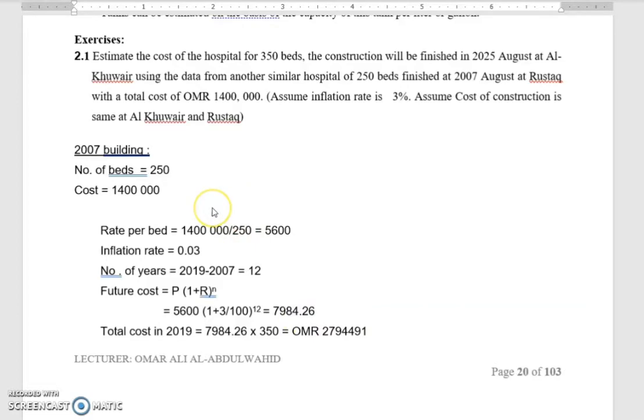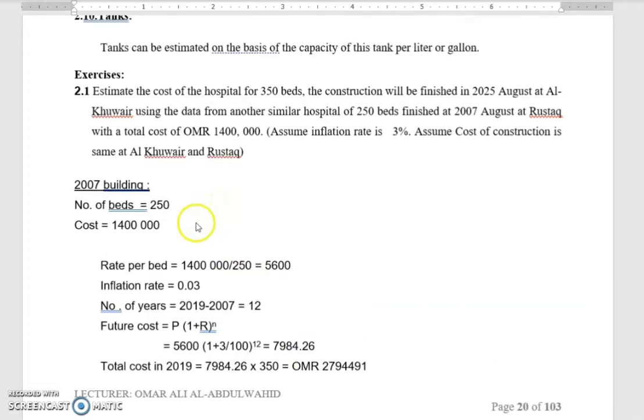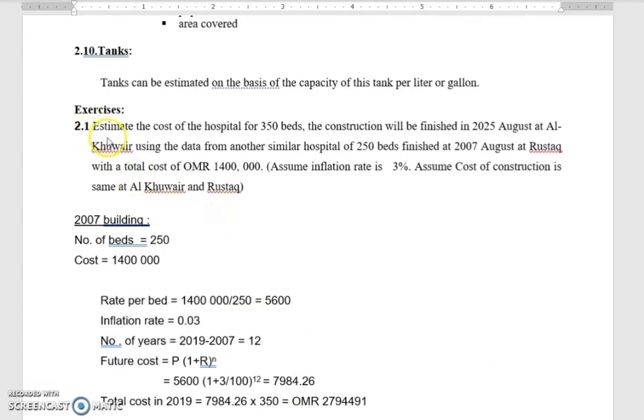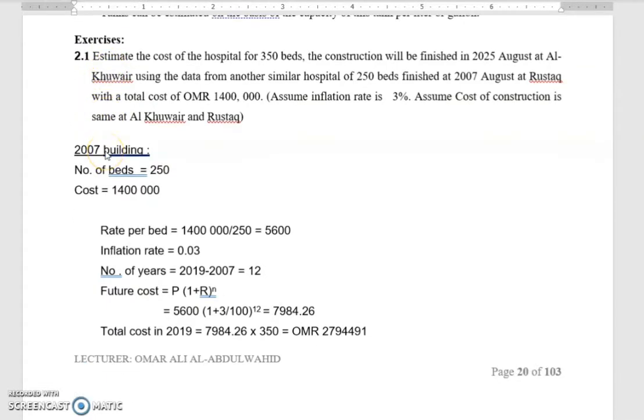In this part of our lecture, we will explain the solutions of the exercises that we have in this chapter. The first one is asking you to estimate the cost of a hospital of 350 beds.